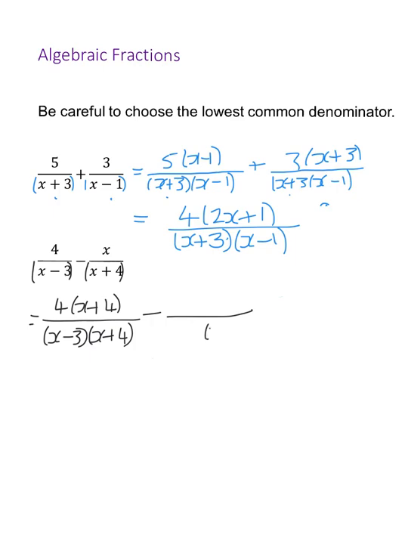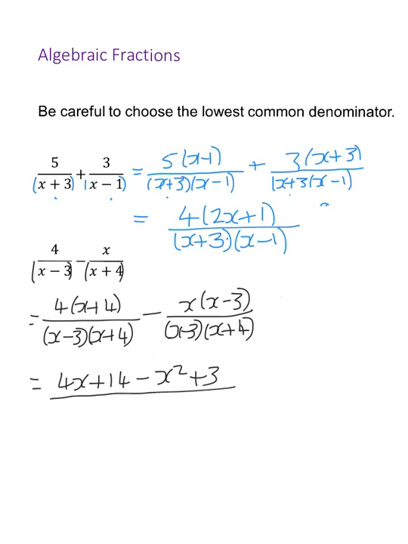This has already got an x plus 4 in the denominator, so I'm going to multiply it by x minus 3, and then multiply the numerator by x minus 3. Expanding the numerator will give me 4x plus 16 minus x squared minus minus 3 becomes plus 3, all over x minus 3, x plus 4.